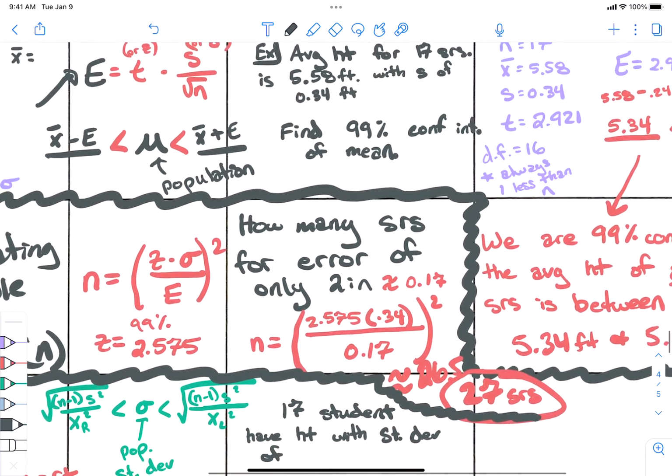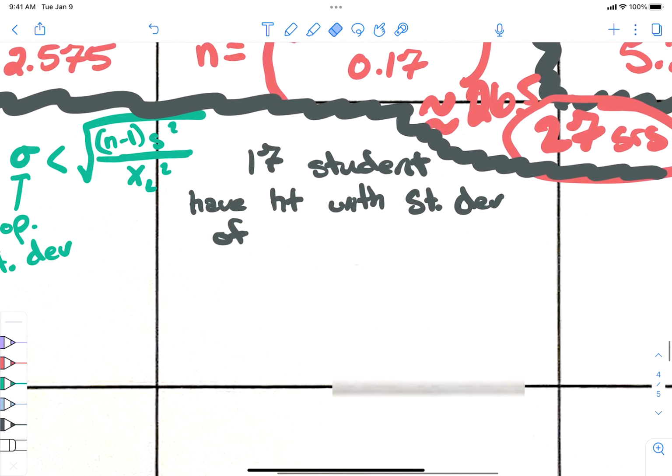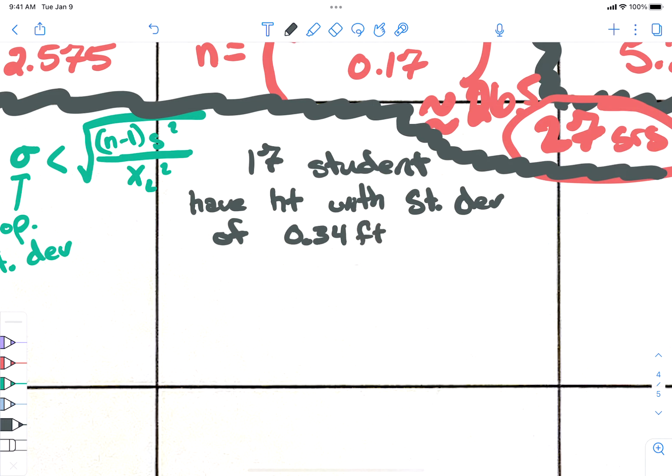Standard deviation was 0.34 feet, which is like maybe 4 inches or something. 0.34 is a fourth of a foot, or a third of a foot. That's about 4 inches. So we're saying a 4-inch standard deviation, or 0.34 feet is what my standard deviation is.